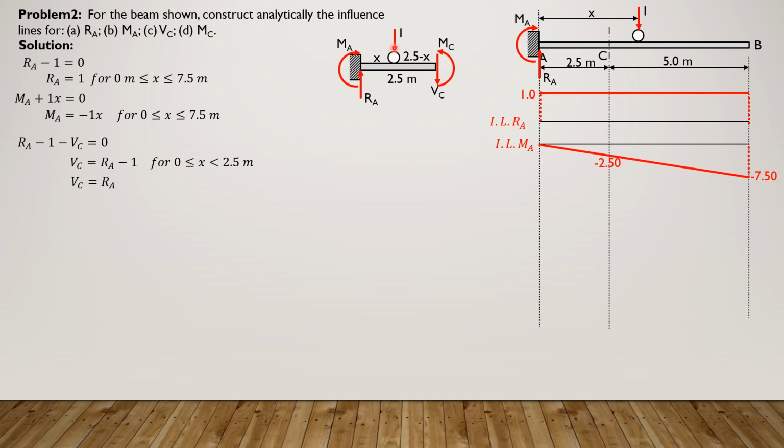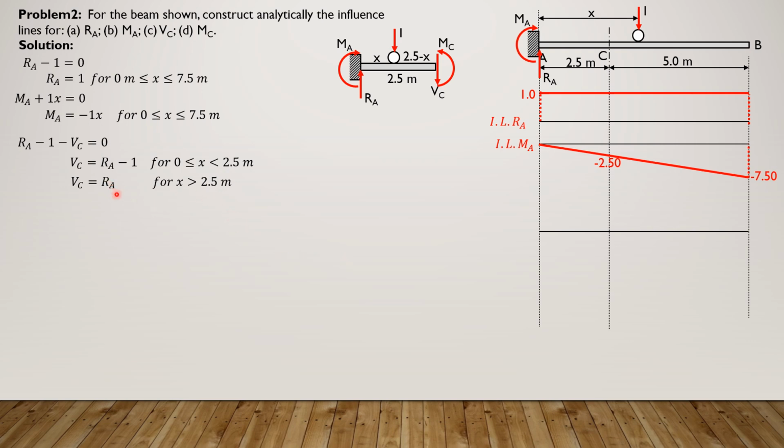Because the load is no longer part of the free body diagram, it now moves on to the other span CB. So shear at C equals RA. From 0 to 2.5, RA is 1, so 1 minus 1 is 0. This is for x greater than 4.5.